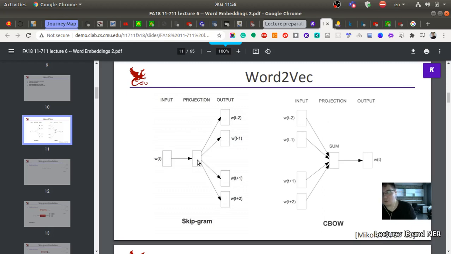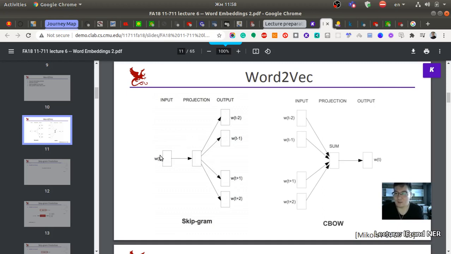So why do we need representation? Because in the end you will use some machine learning algorithm and you want to find how close the words are to each other or not, and find the words which are near or the words which are opposite or something like this.